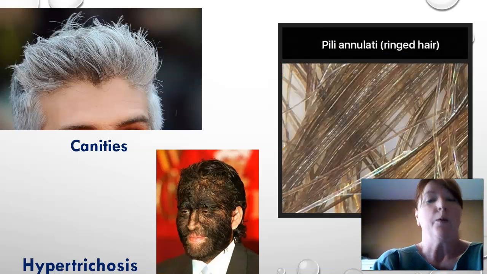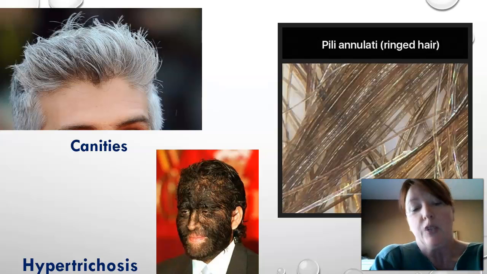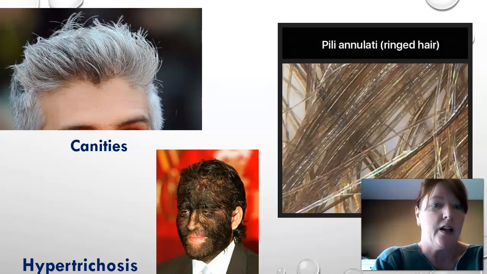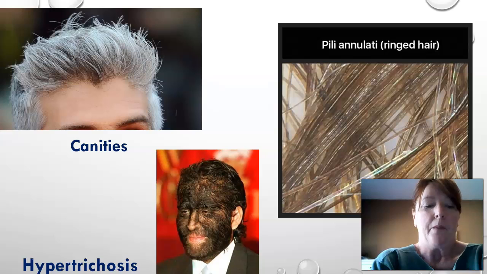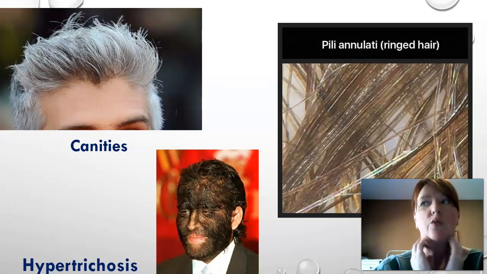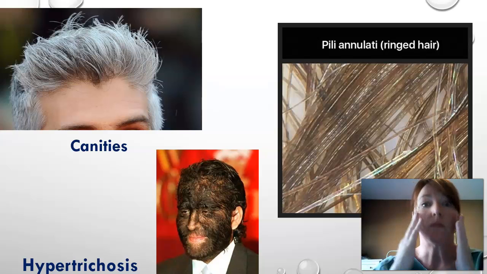So here are some examples. Canities is the gray hair. Hypertrichosis is an extreme version, but I find that it's a good visual, so that you understand the difference between regular vellus hair on your face, and terminal hair, which is normally saved for arms and legs, growing in places that it would not normally.